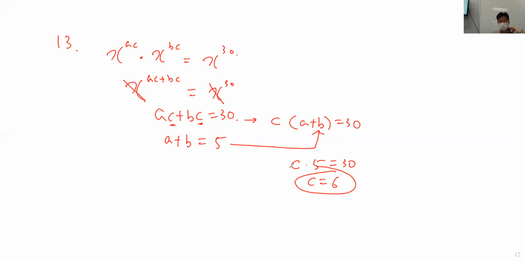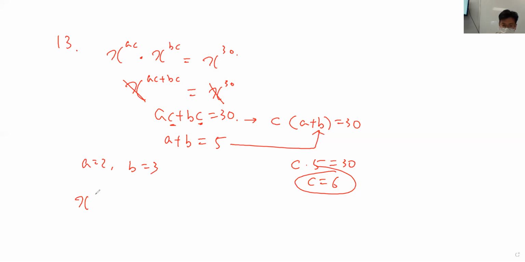So this one, if you don't know what to do, I'll recommend you plug in for A and B. So let's say A is 2, B is 3, because A plus B is 5, right?